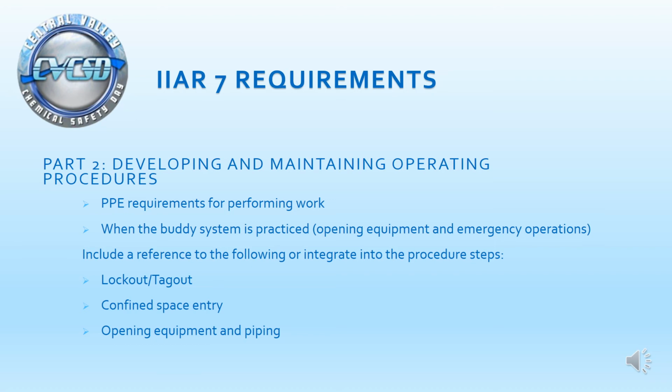So it depends on how your facility would want to handle these, either including them as specific steps or actions in the procedure, or to reference the confined space entry procedures when it's applicable to that operation or action that's being performed.